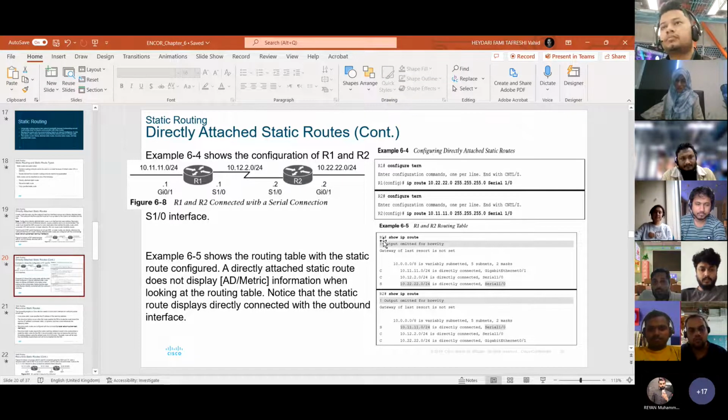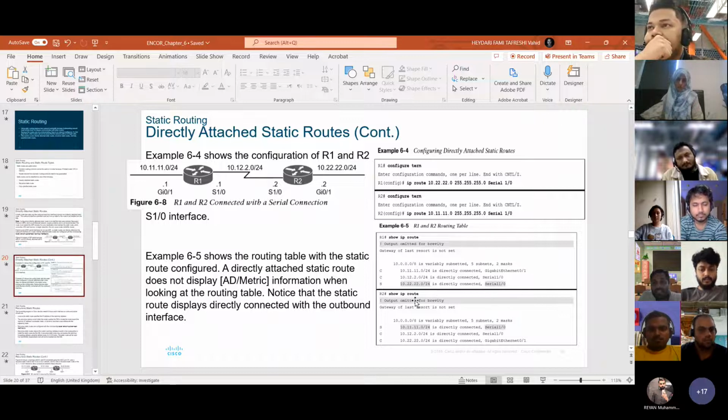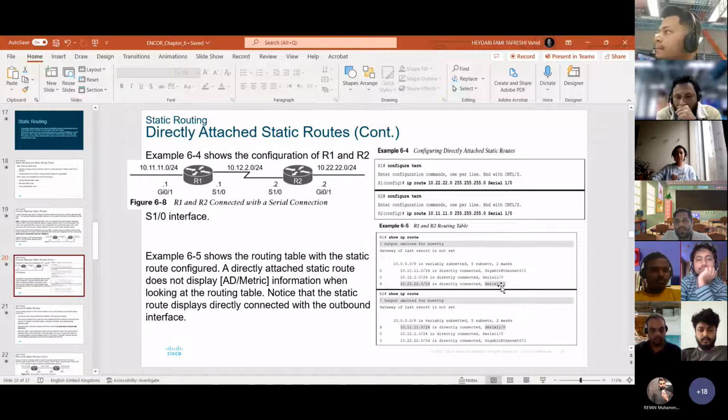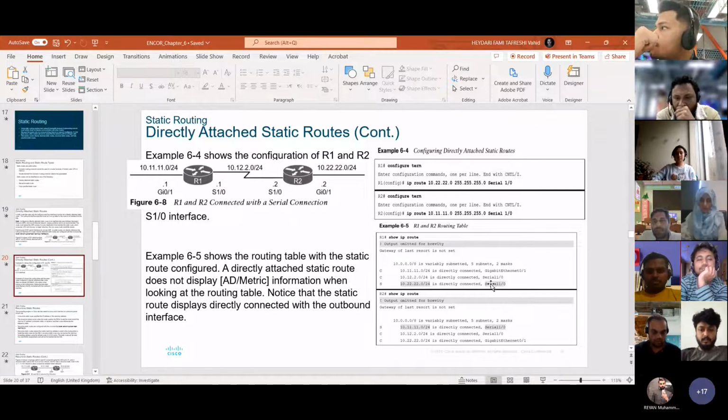Here I am in R1, and I have information about 10.22.22.0/24. I am saying that this subnet is accessible through serial 1/0. But the router needs to find out what serial 1/0 is, because this is just a label. But the router is a layer 3 device which works with IP. How to find out what the IP for this serial 1/0 is?